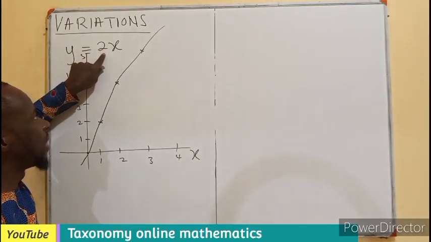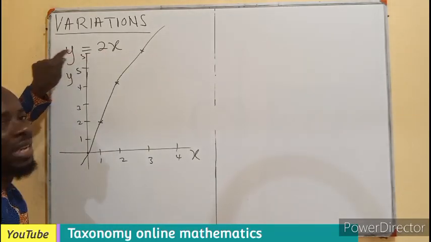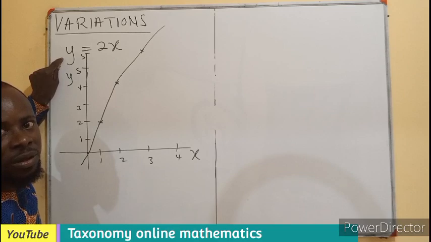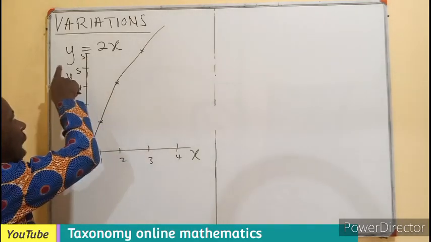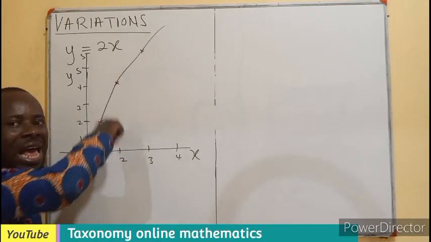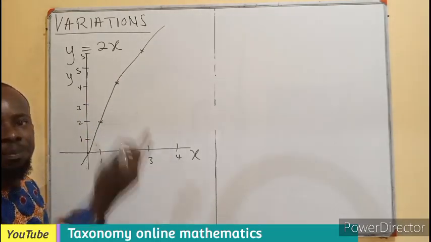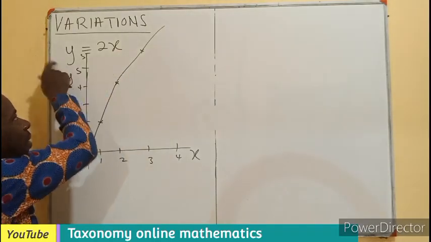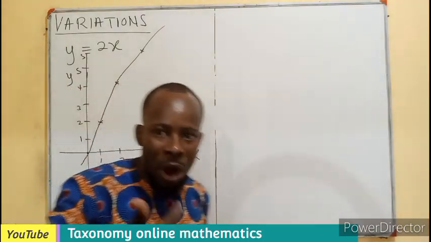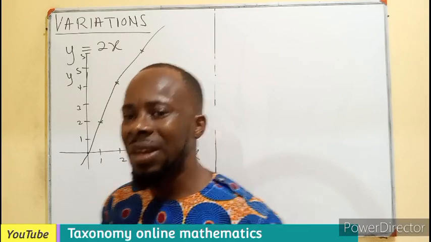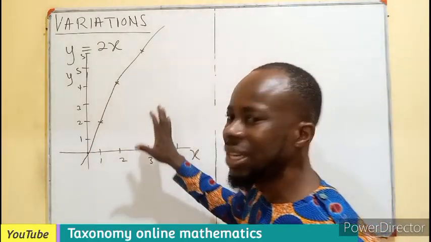So it means the negative 10 will be the one varying the values of y. So we have one to be dependent. So y is dependent on x, where x is independent. So this will determine the values of this. So this is just one way by which we can represent direct variation using the graph.